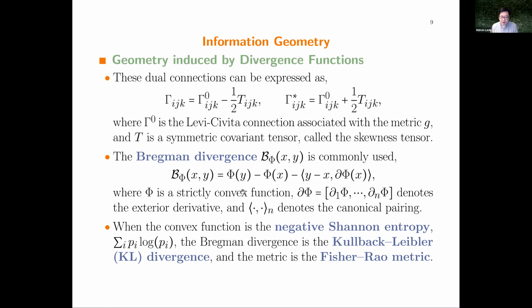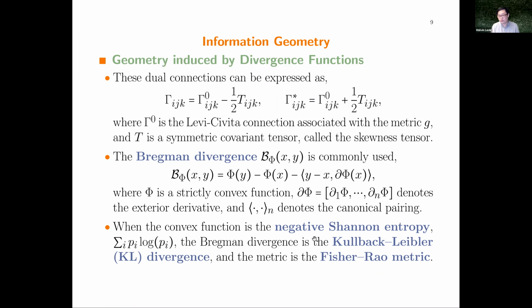Perhaps the most famous element of the space of Bregman divergences is what's called the Kullback-Leibler divergence, or the KL divergence. So if you've done any machine learning, you've probably heard of KL divergences. And the KL divergence is a Bregman divergence where the strictly convex function in question is the negative Shannon entropy.